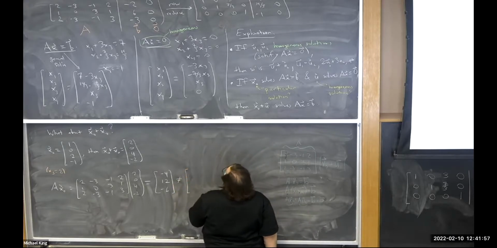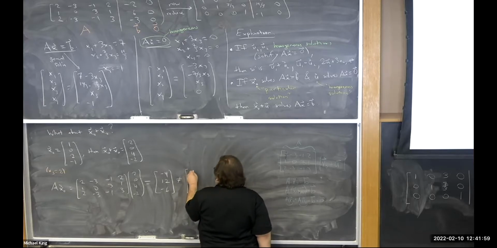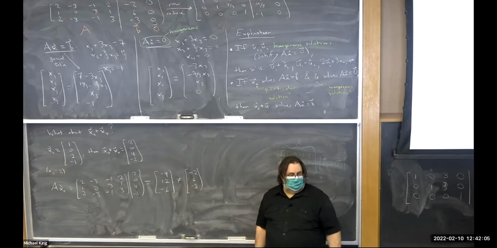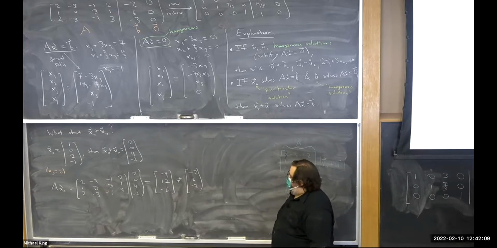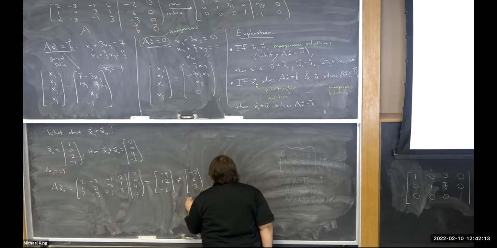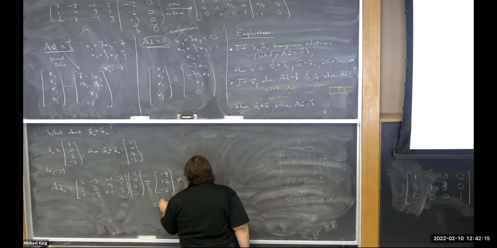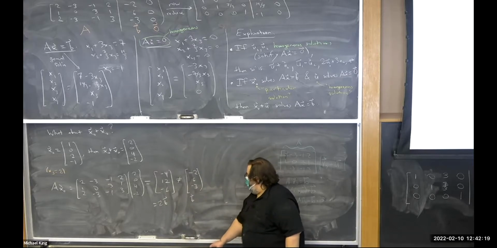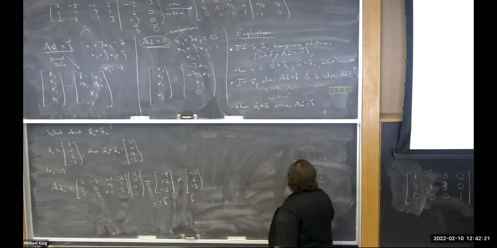What was b? -2, 6, -3. But there should be something that jumps out at you. What is it? It's twice b. So it's definitely not a solution of Ax equals b, but it does give you twice b, which is interesting.